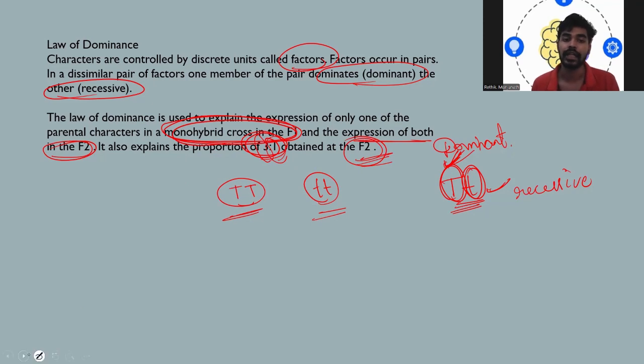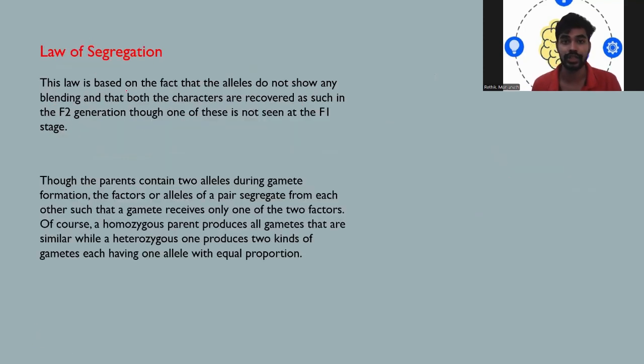But consider that this law will not be applicable everywhere. Is that clear to you? How and why? When we see the law of segregation, the law is based on the fact that the alleles do not show any blending, and that both the characters are recovered as such in the F2 generation, though one of them is not seen in the F1 generation.